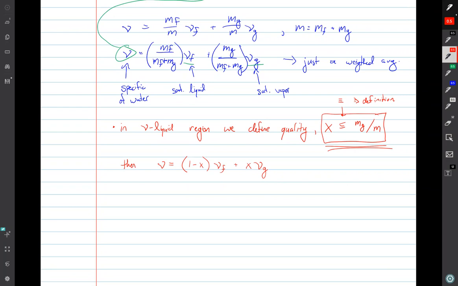And we can just rearrange that to V equals VF plus, I guess this would be minus, x VF plus x VG, which is VF plus x times (VG minus VF).